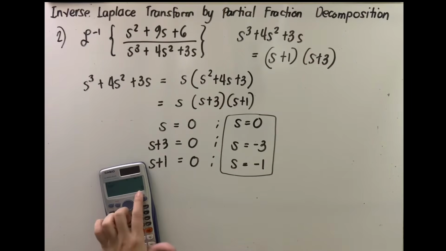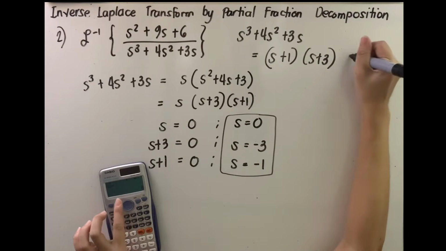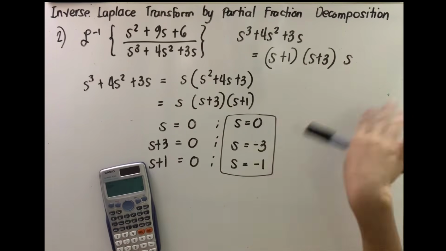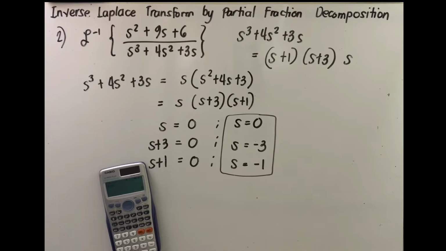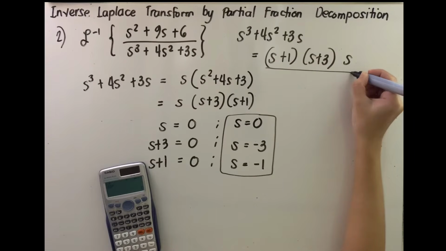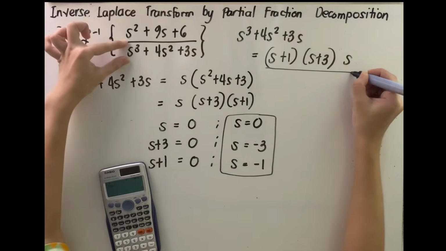And if one of the roots is 0, it means the other factor is simply s. Kasi if you transpose 0 to the left side, it's still 0. So it means you get s equal to 0. And this gives you the factored form of this denominator.